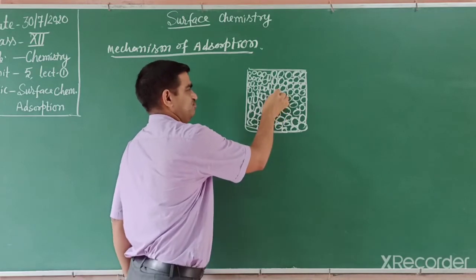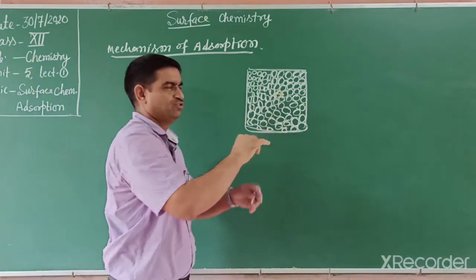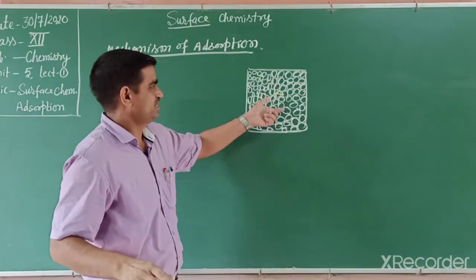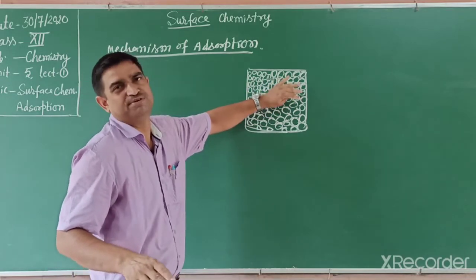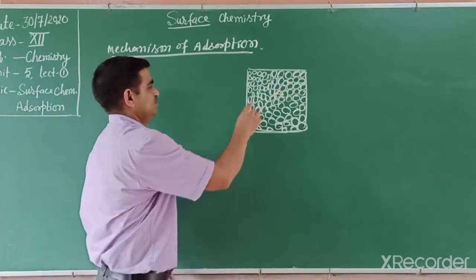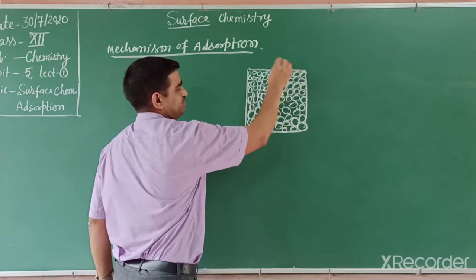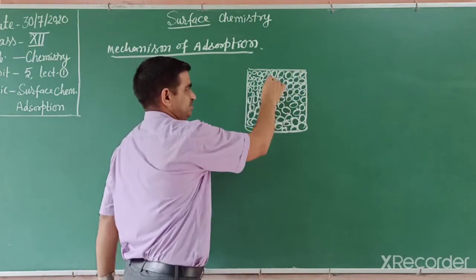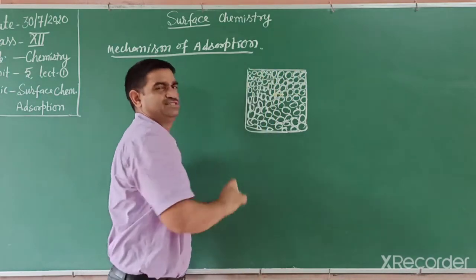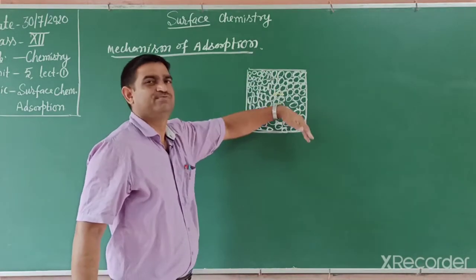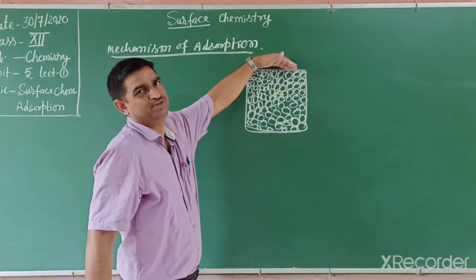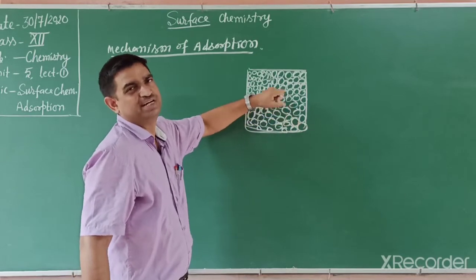and these attractive forces are equally distributed. So overall they cancel, and the resultant force has a null effect, zero effect. But the molecules on the surface have an unbalanced resultant force. There is unequal force because on the upper side there is no molecule and on the lower side only molecules attract.